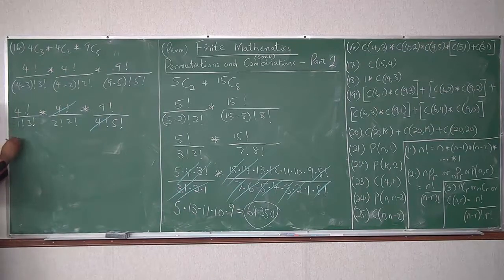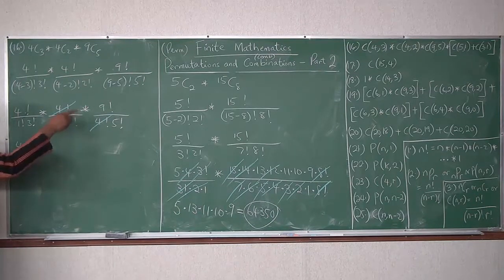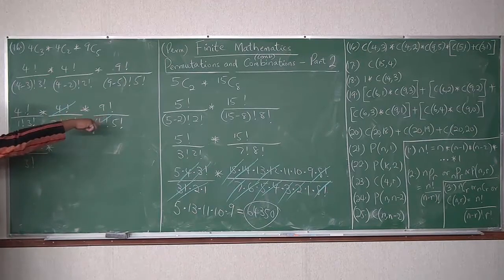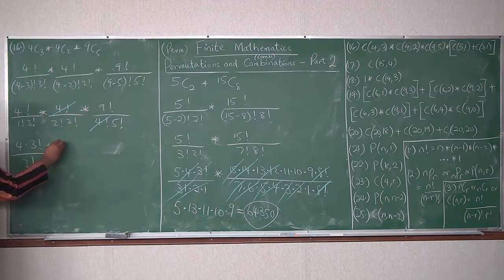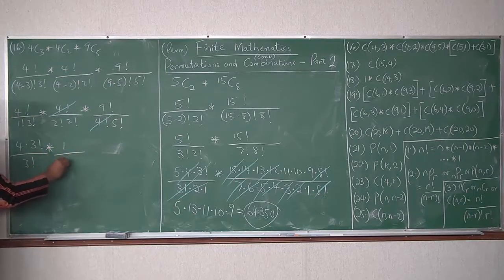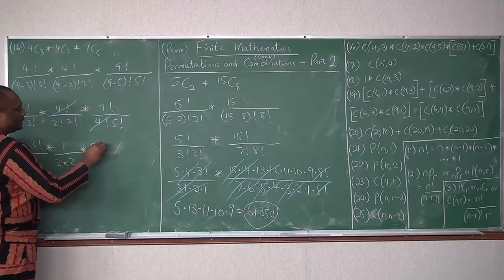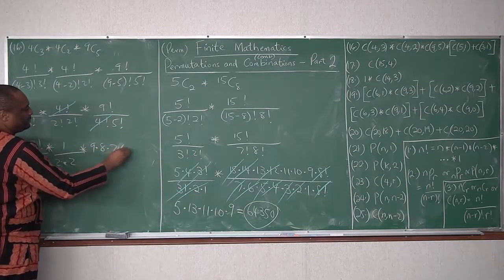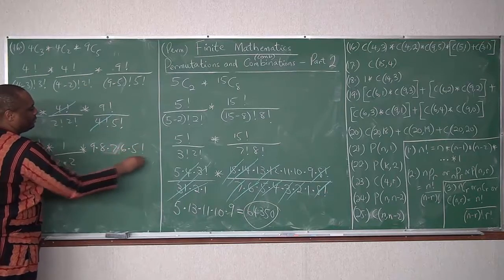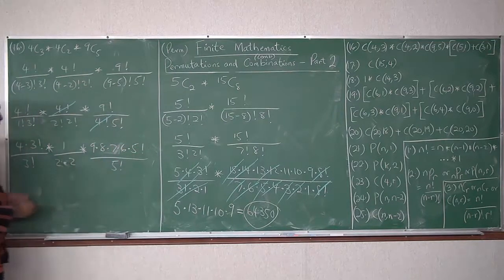So this will be 4 times 3 factorial over 3 factorial, because 1 factorial is 1, times 1 over 2 times 2, times 9 times 8 times 7 times 6 times 5 factorial over 5 factorial.